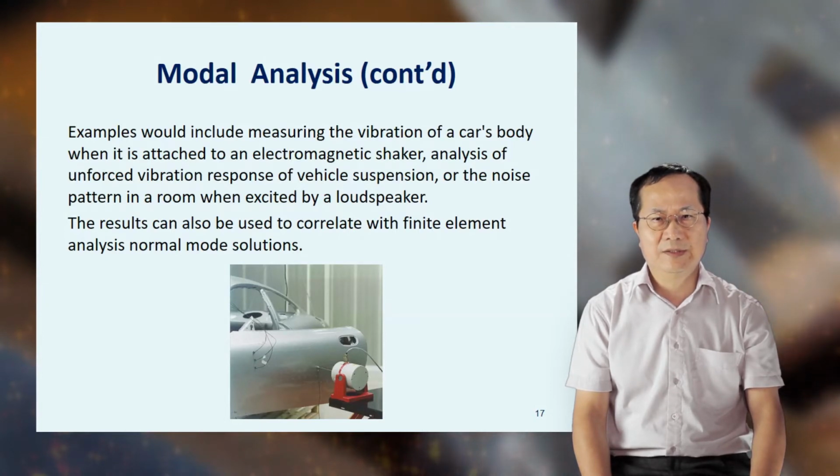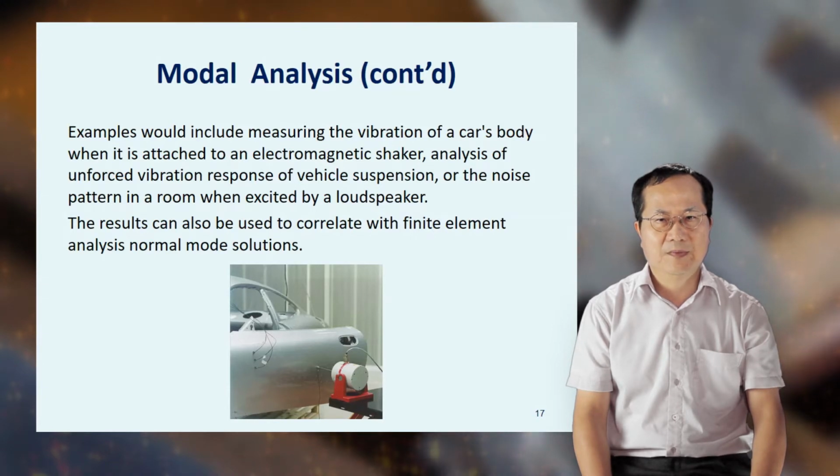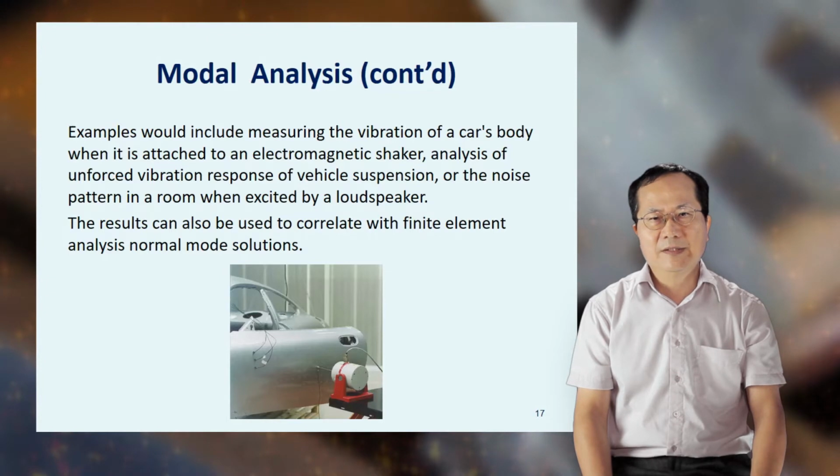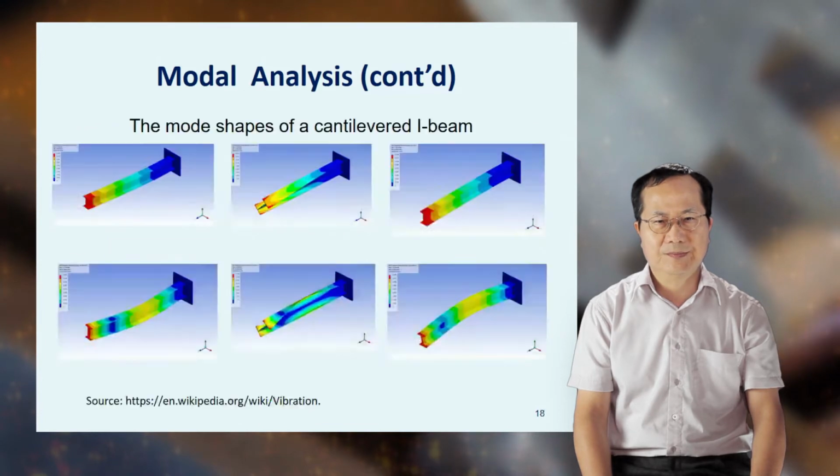Data acquisition system, and an analog to digital converter front end to digitize analog instrument signals. And 3. Host personal computer to view the data and analyze it. The results can also be correlated with finite element analysis normal mode solutions.